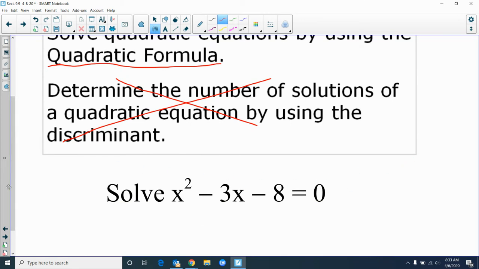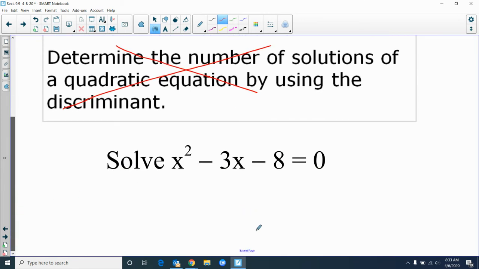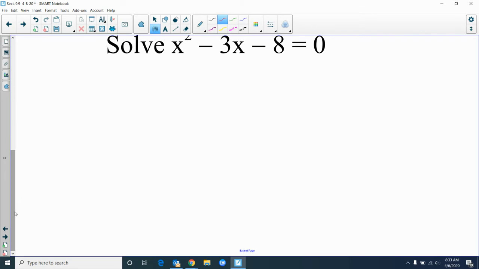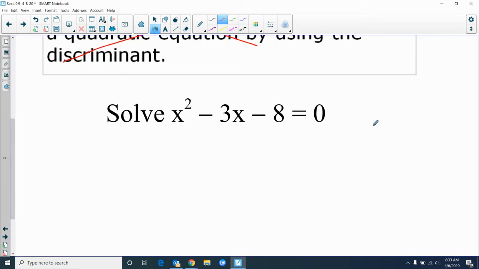All right, the first thing we did was learn how to factor, and let's just real quick review. To factor something, we look for two numbers that multiply to equal -8 and add together to equal -3. Well, what are those two numbers? To multiply to -8, you've got -1 and 8. You've got -2 and 4.